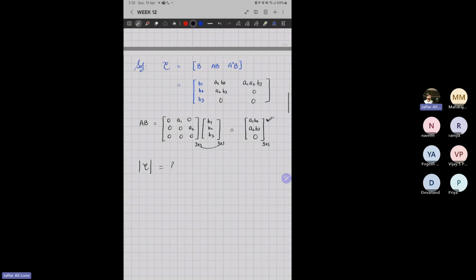So let me write it like this: A1 A2 B3, 0, minus B3 A2 B3. This will vanish to 0, so it will be minus A1 A2 square B3 cube.